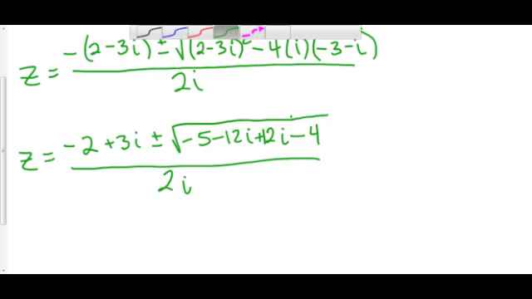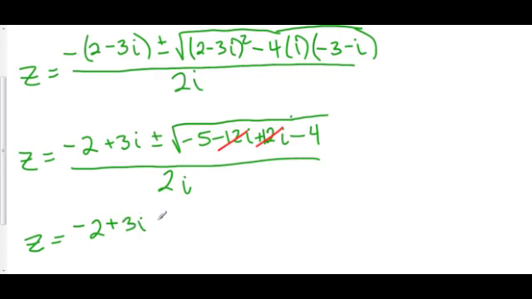Well, the negative 12i plus 12i, that cancels out. And negative 5 plus negative 4 is negative 9. So here we have z is equal to negative 2 plus 3i plus or minus the square root of negative 9 all over 2i.